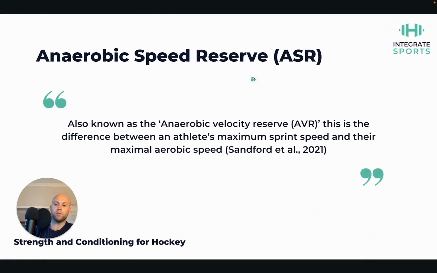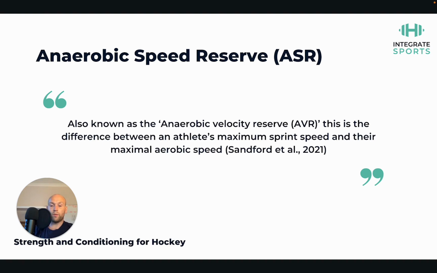So anaerobic speed reserve, this then takes it to another level. And one thing with this is that it's a little bit more complex in terms of the calculations, but again, I've done the anaerobic speed reserve calculator for you, so all of the maths you don't need to worry about, you just need to worry about the tests that are involved.